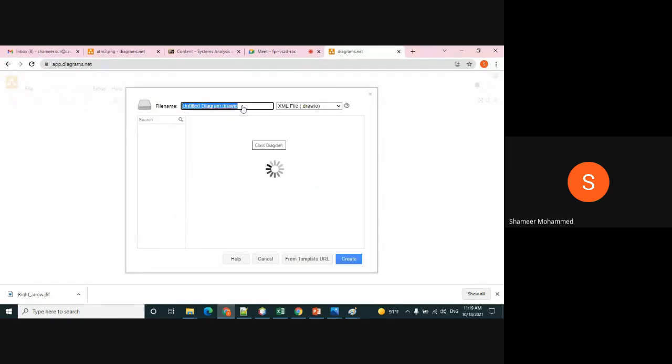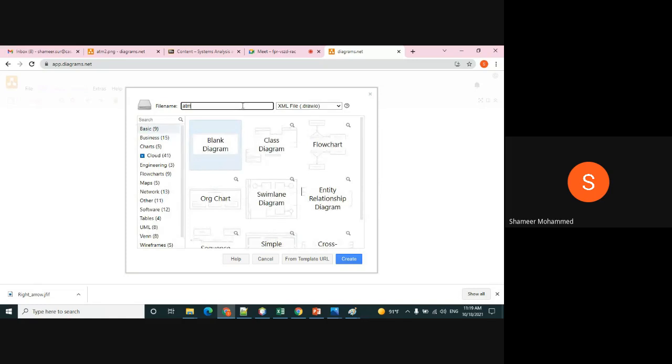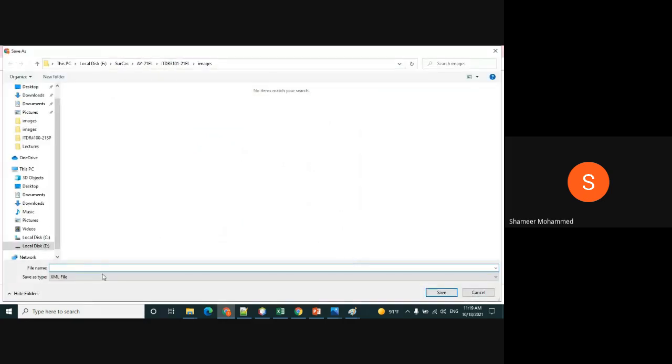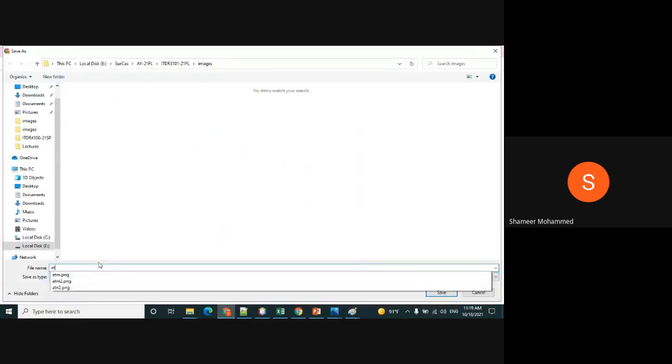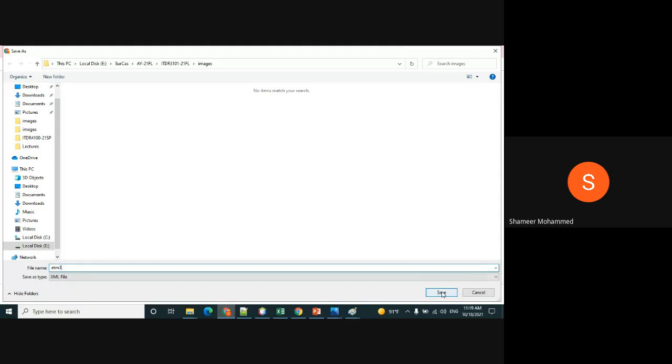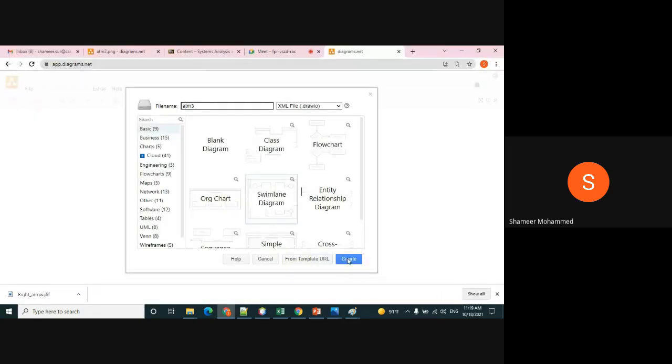So here I will name it ATM 3. And here see, select this one, swim lane diagram. Then you will get that symbols. Create.